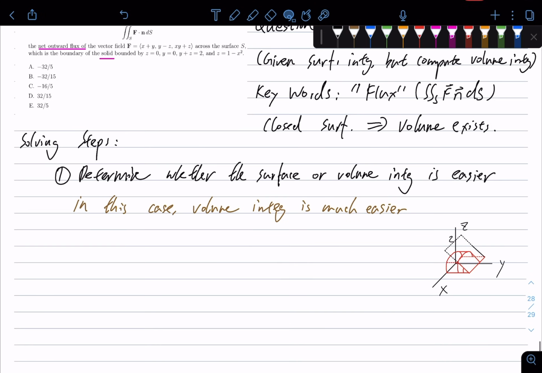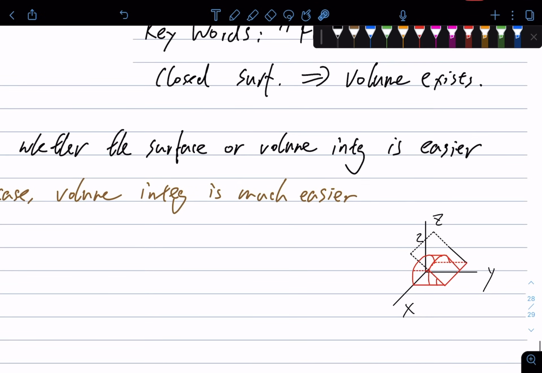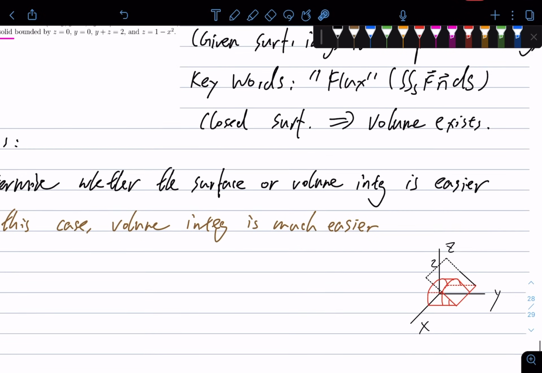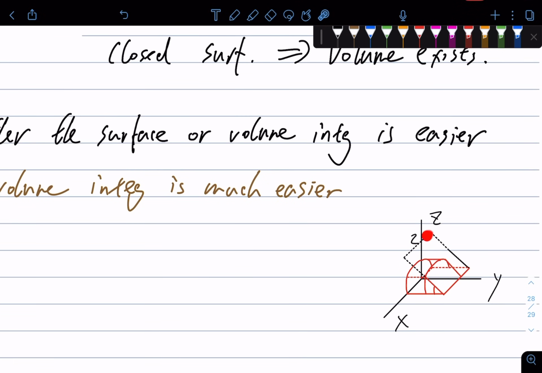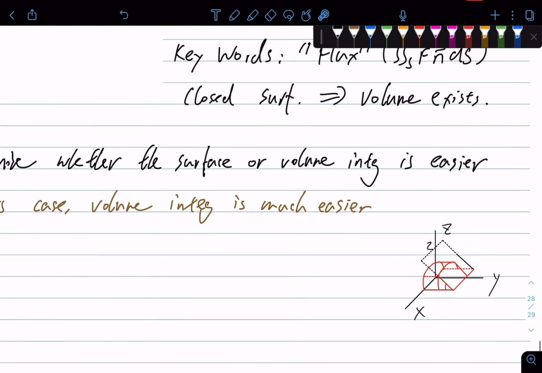Okay, so let me break it down a little bit for you. Right, so this region is z equals 0, right? So this red thingy is bounded by z equals 0. So it's everything above the positive z axis, and then also it's bounded by the y equals 0 surface, right? So everything is in a positive z axis, and then this plane that you see right here, this plane that has a dotted black line, that is y plus z equals 2, right?